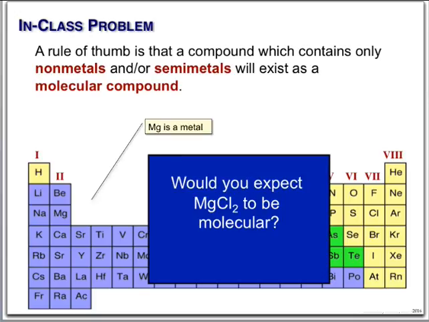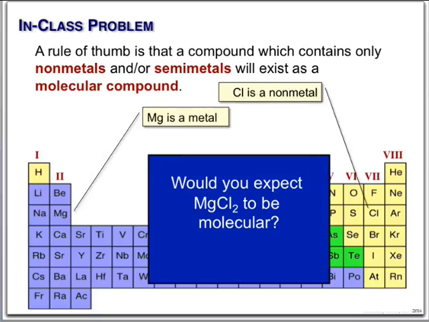Magnesium is here in group 2. It's a metal. Chlorine is over here. It's a nonmetal. But if it contains a metal at all, that makes it not a molecular compound, and it will be ionic.